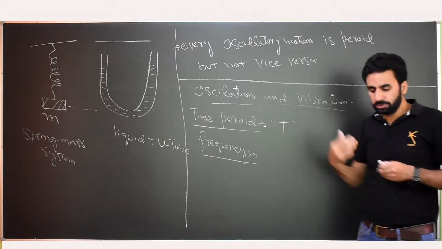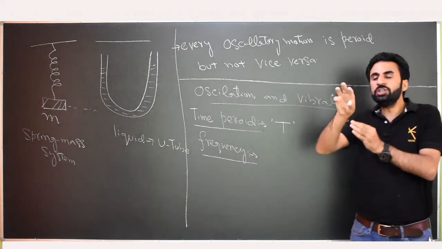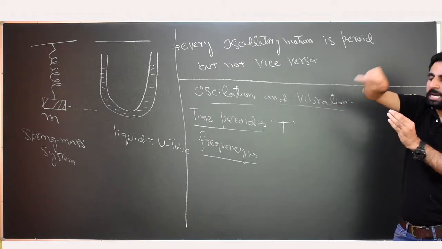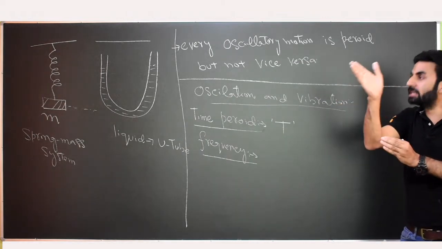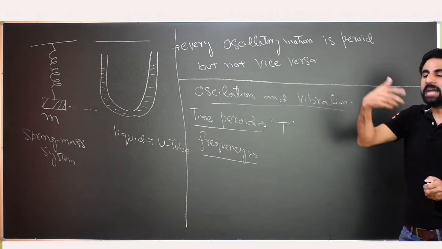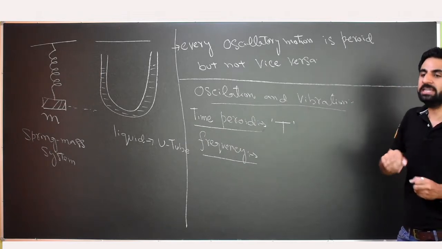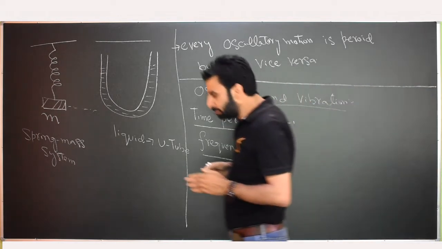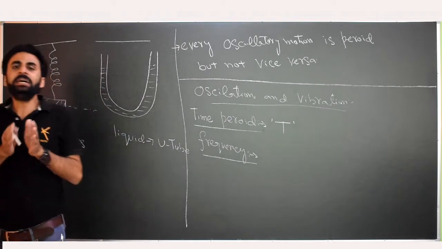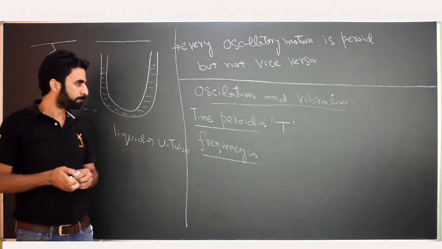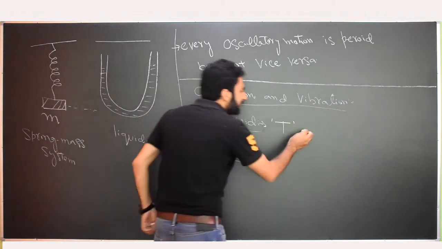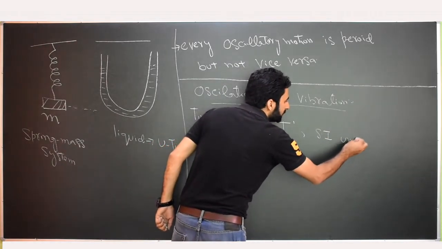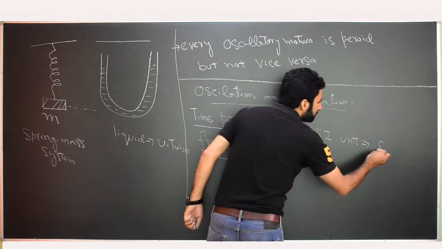Suppose the hour hand of a clock: every time it takes 12 hours to repeat its motion, so the time period of the hour hand of a clock is 12 hours. So time period we define as the time taken by a body to complete one oscillation. It is denoted by T. Its SI unit is obviously second.